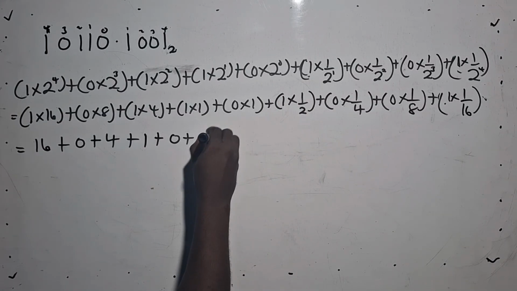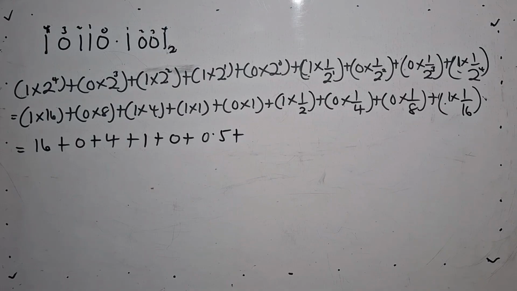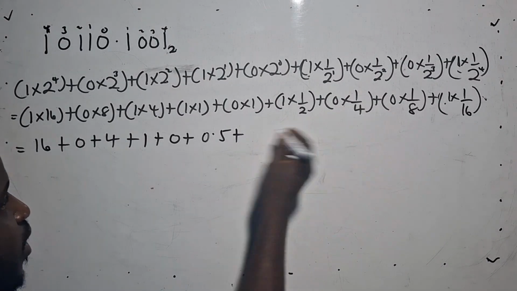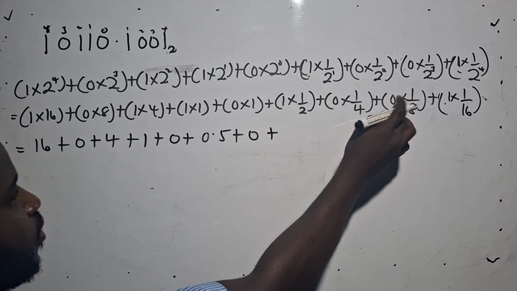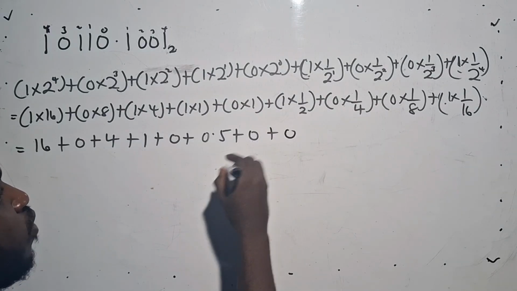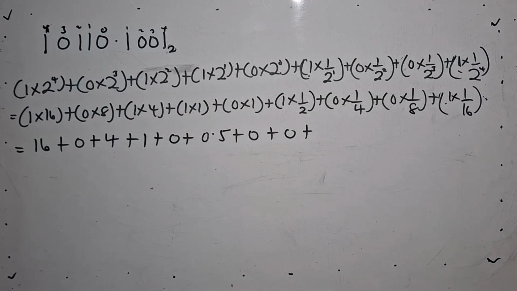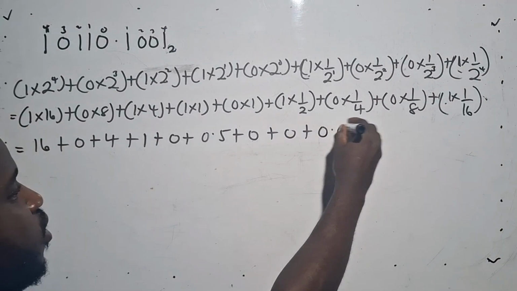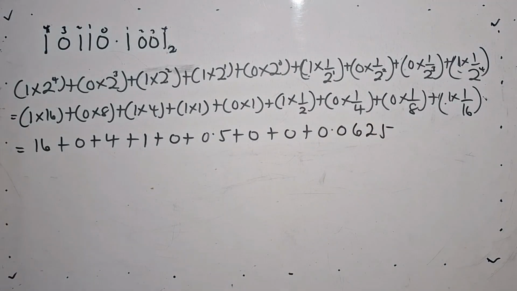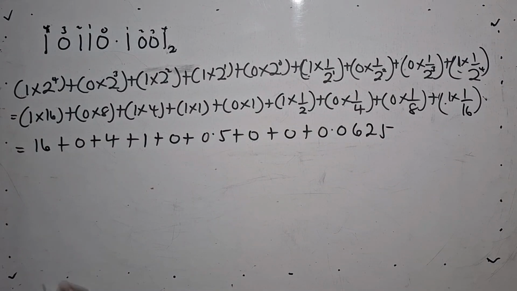So 1 times 0.5 will give me 0.5, plus 0 times the number here will still give me 0, plus 0 times the number here will also give me 0, plus 1 times 1 on 16, which is going to give me 0.0625.